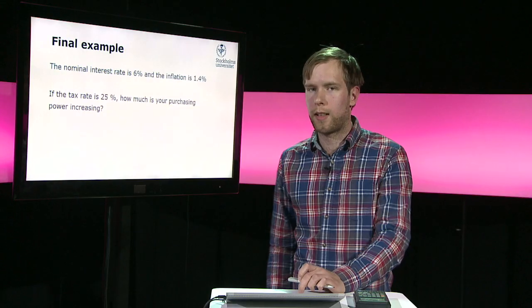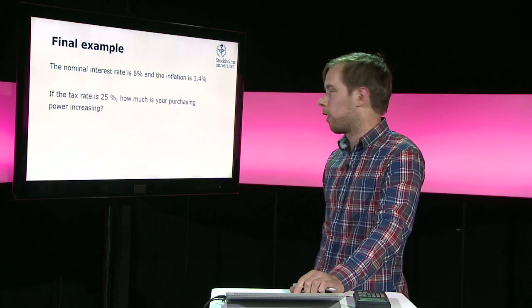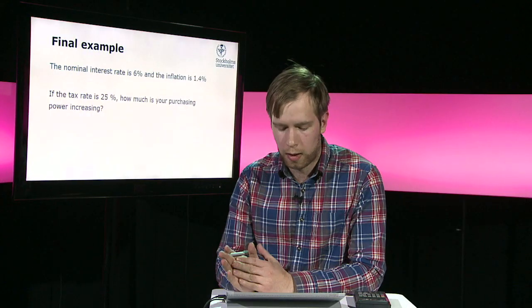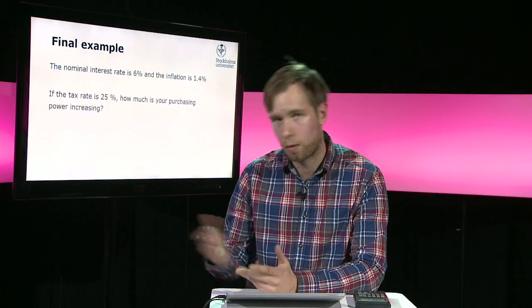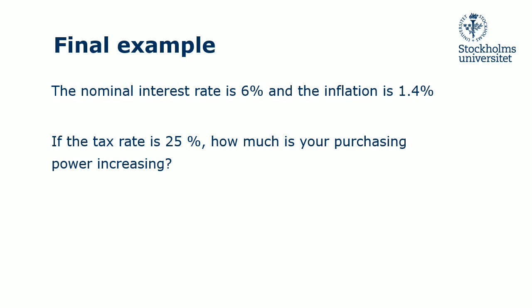Okay, let's take one final example before we quit this. The nominal interest rate is 6% and inflation is 1.4%. If the tax rate is 25%, how much is your purchasing power increasing or decreasing, as we saw in the last example? This should be fairly easy after we just did that previous one. We start by computing the nominal interest rate after tax.